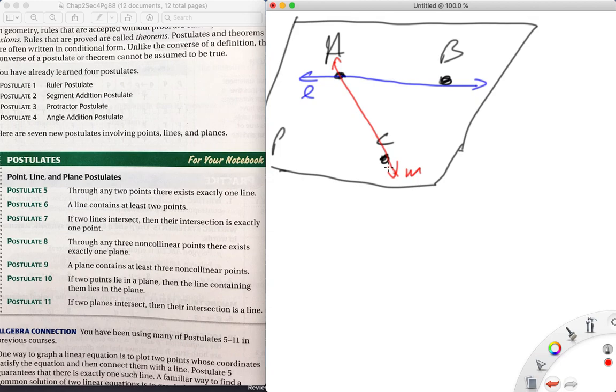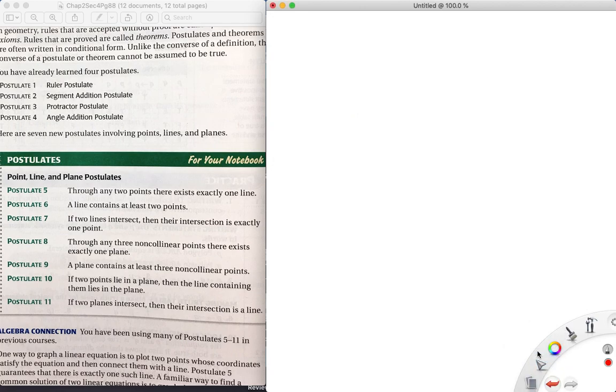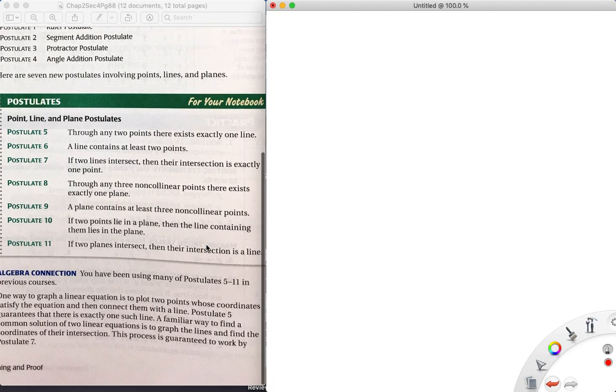Postulate number 11. If 2 planes intersect, they intersect to form a line. I can't draw 2 planes intersecting, so I want to give it a try, but know that when they do, they form a line.